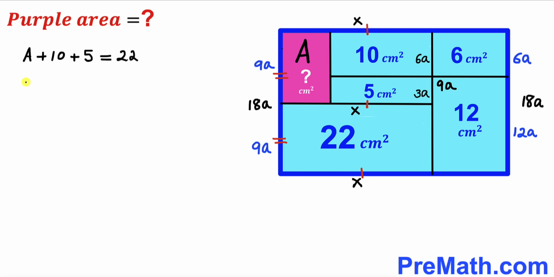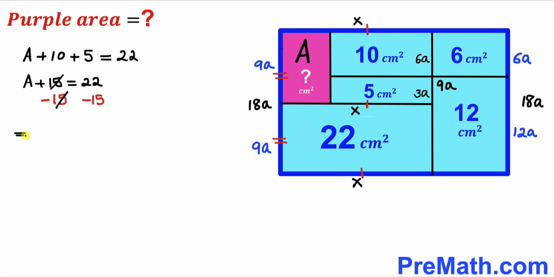Let's combine. A plus 10 plus 5 gives us A plus 15 equals 22 on the right hand side. Now we are going to subtract 15 from both sides to isolate A. Here we can see 15 and negative 15 are gone.